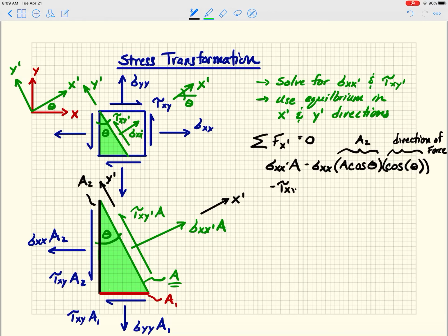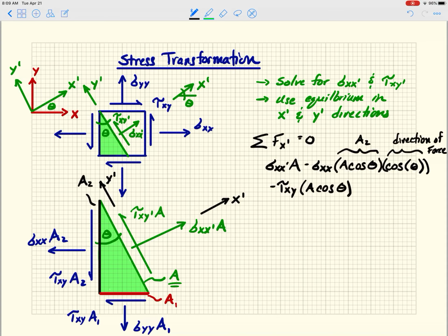Then we can do minus tau xy. You can see it's moving downward, so it's going to have a component in the minus x prime direction. And this one, again, is going to have a cosine theta.